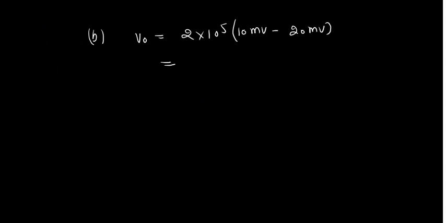So the output will be minus 22,000 volt RMS, which is not possible, right?